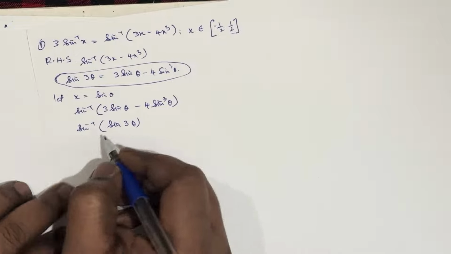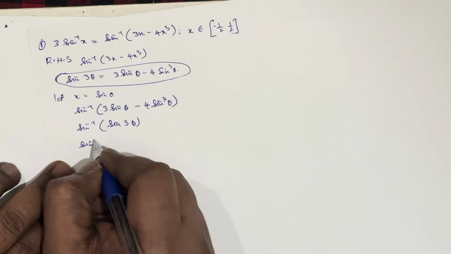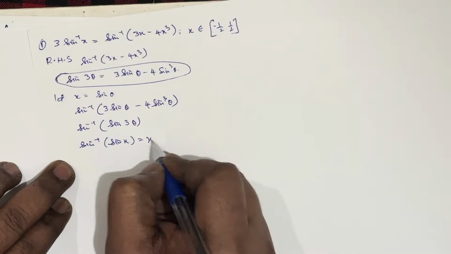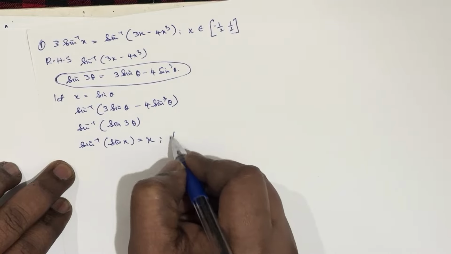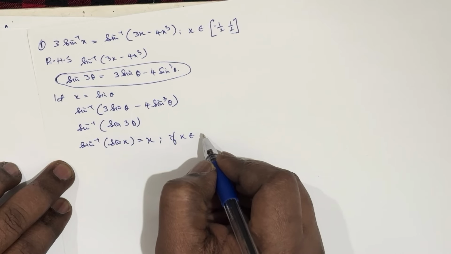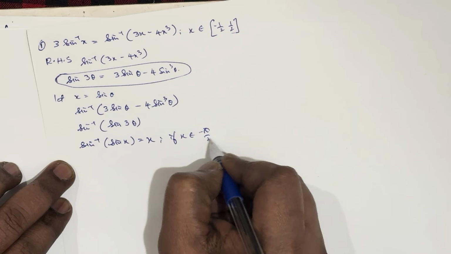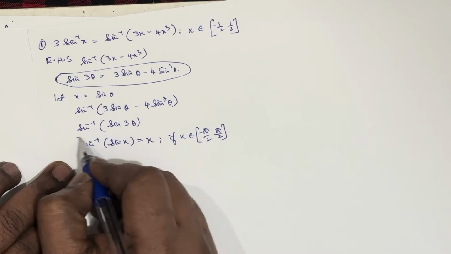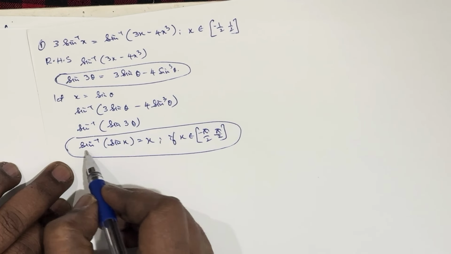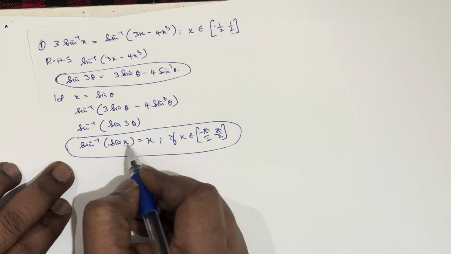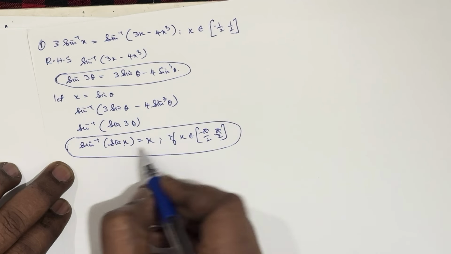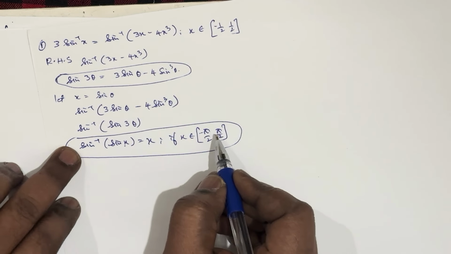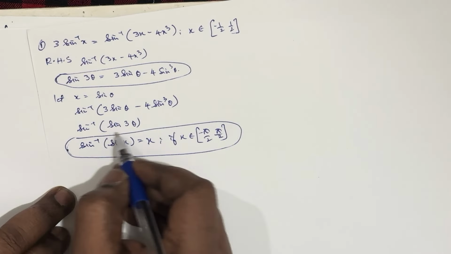Now again, when you look closely, you will see that this resembles a property in inverse trigonometry, that is sine inverse sine x is equal to x, if x belongs to minus pi by 2 to pi by 2, the range of the sine inverse. This is the property. Sine inverse sine x is equal to x if this x belongs to the range of the sine inverse. We'll see whether this belongs to that.